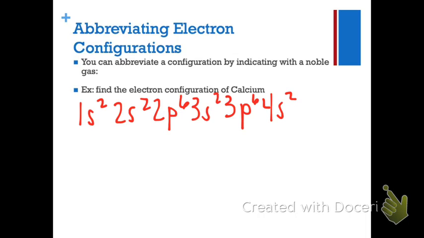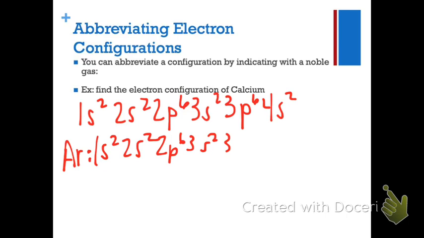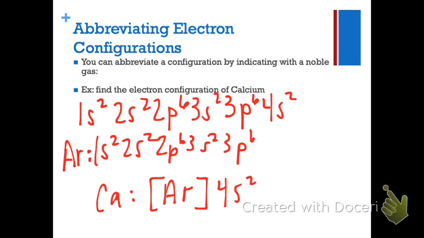Argon. So argon is 1s2, 2s2, 2p6, 3s2, 3p6. Don't those look the same? Don't they look the same up to here? Yeah. So the way we can abbreviate things is we would say calcium's electron configuration is the same as argon plus 4s2.